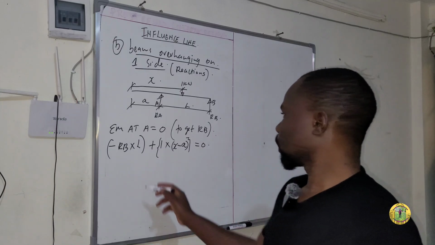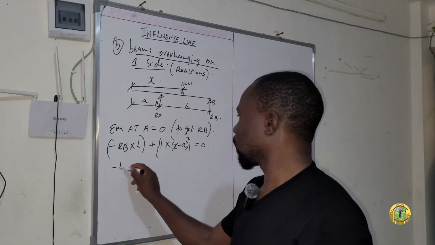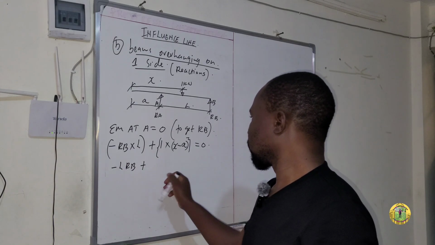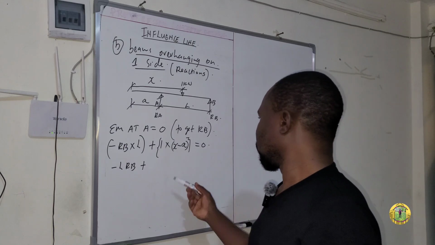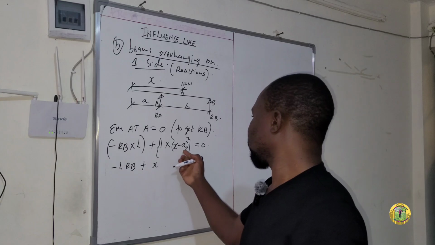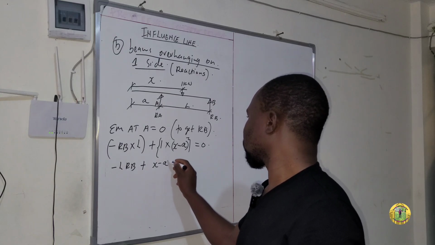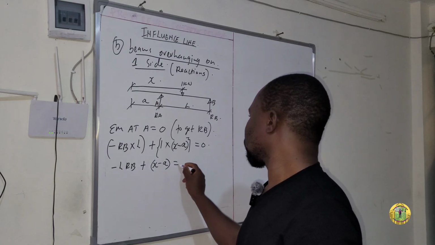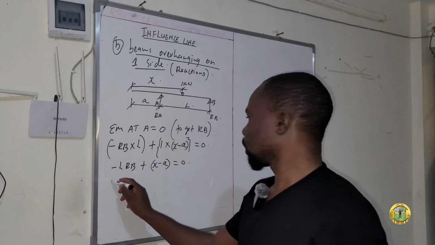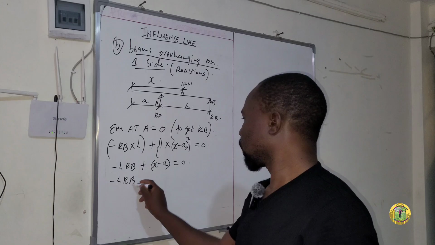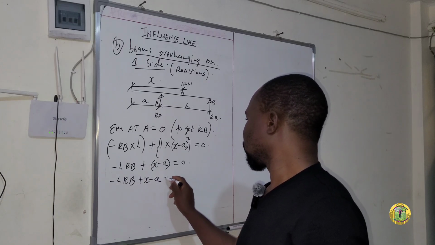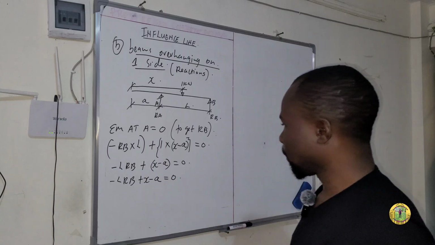Let's open the bracket. This is minus L RB plus, let's open this bracket first. So we have 1 times x, which is x, 1 times minus A, which is minus A, which is equal to 0. You can also open this bracket: minus L RB plus x minus A is equal to 0.